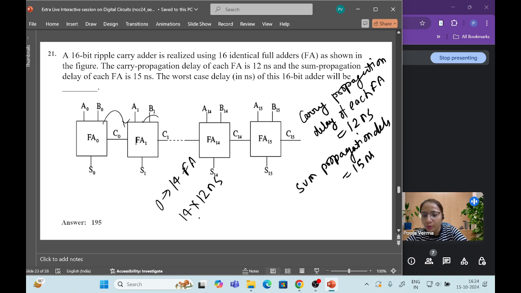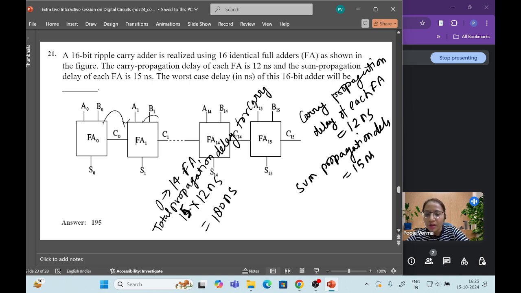So what will be the total propagation delay for the carry? It will be 15 into 12, you will get 180 nanoseconds.